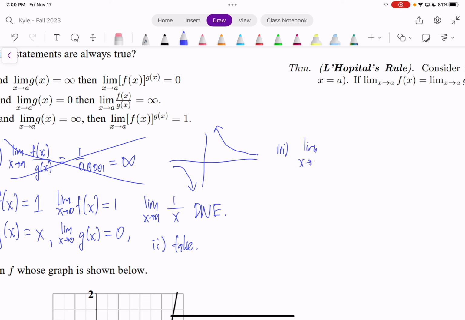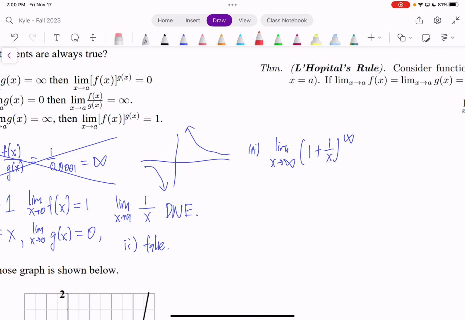in class. For example, the limit as x goes to infinity of 1 plus 1 over x, to the x. I mentioned that this is going to be a really important example. If we look at only the inside here, we have the limit as x approaches infinity of 1 plus 1 over x, that's equal to 1.